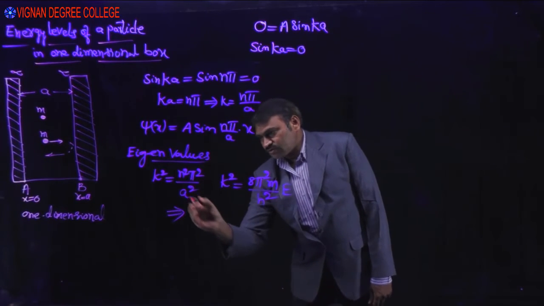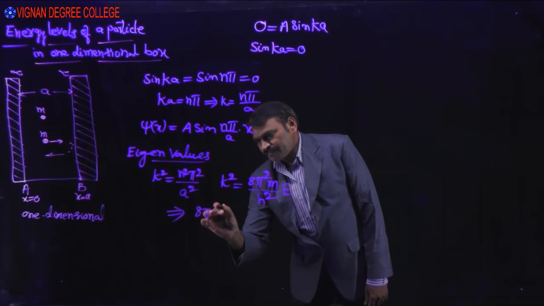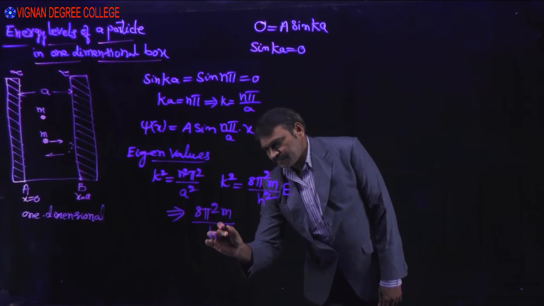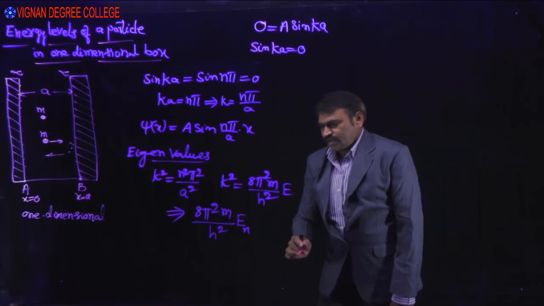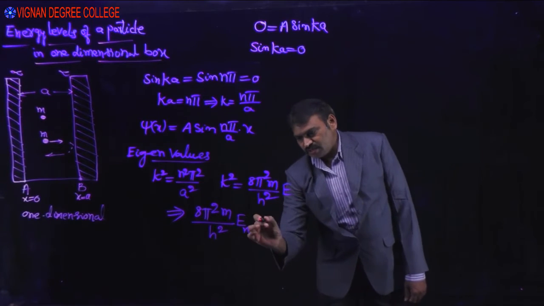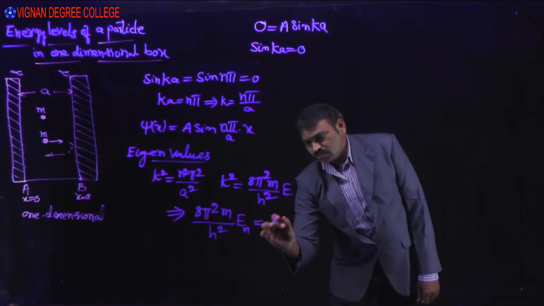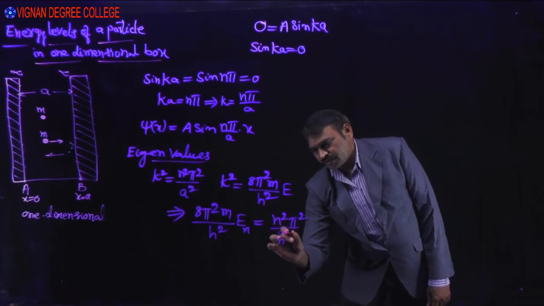Equate these two values: 8 pi square m by h square into E, let it be suffix n. E suffix n means the energy of the nth level is equal to n square pi square by a square.